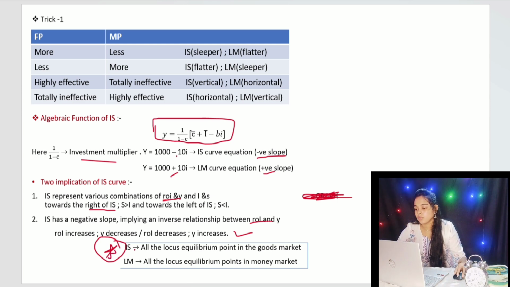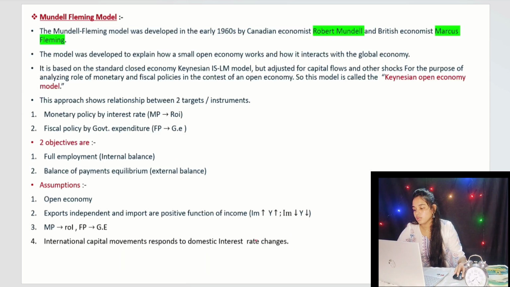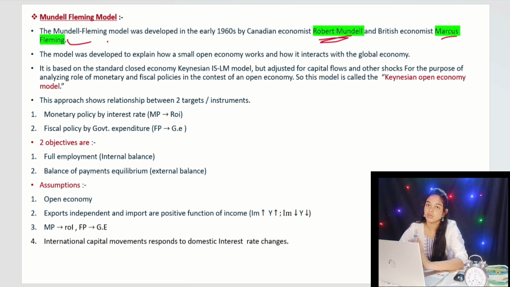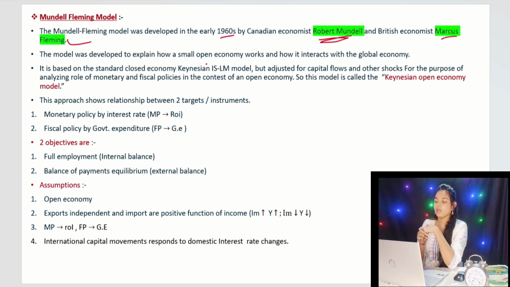Let's understand the Mundell-Fleming model, which was developed by Canadian economist Robert Mundell and British economist Marcus Fleming in the 1960s. It is a critical topic for UGC-NET and most important. The model was developed to explain how a small open economy works and how it interacts with the global economy.